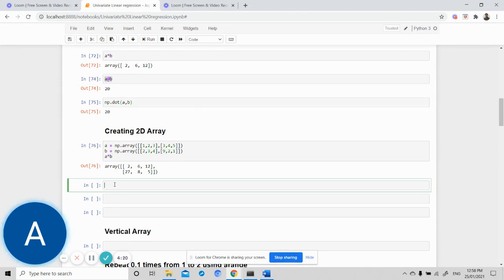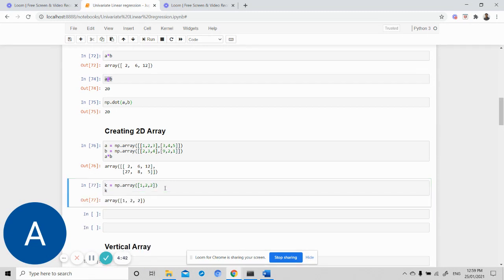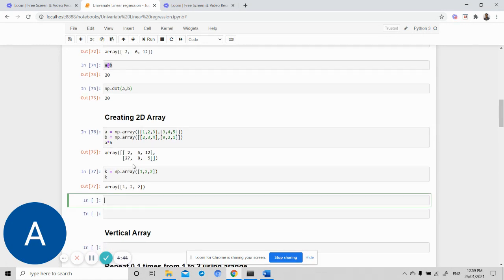Okay, so if we have another array, let's say K equals np.array of 1, 2, 3.